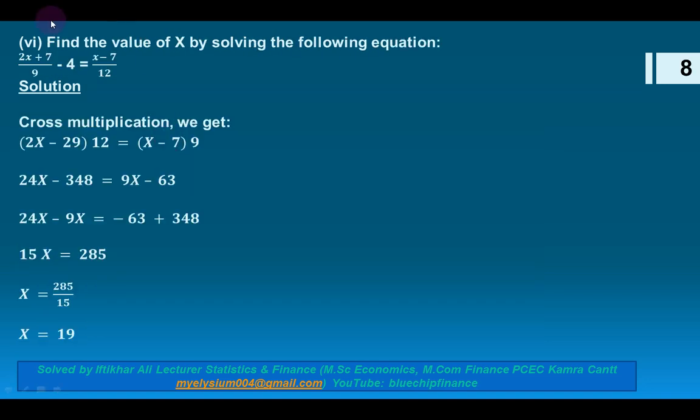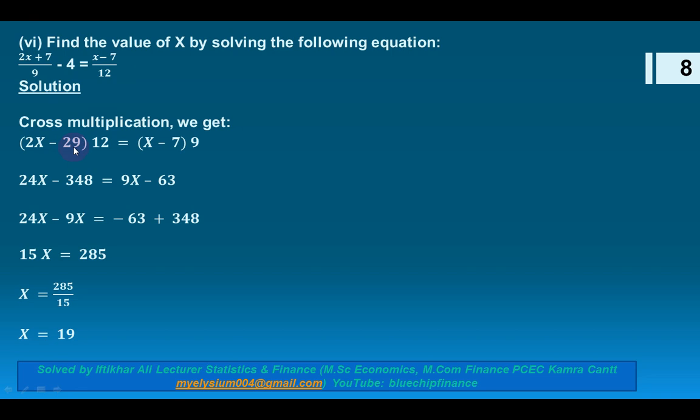Question number 6 is find the value of x by solving the following equation: 2x plus 7 divided by 9 minus 4 equals x minus 7 divided by 12. When we solve this first part, it is equal to 2x minus 29.